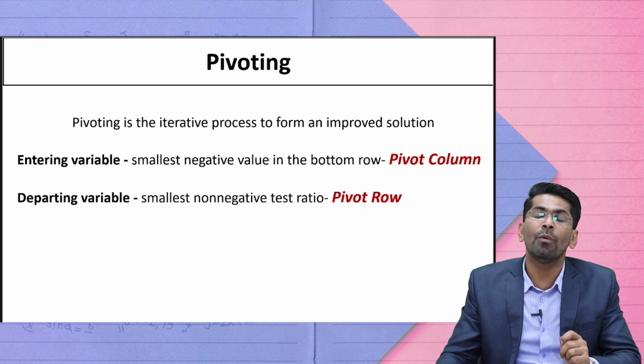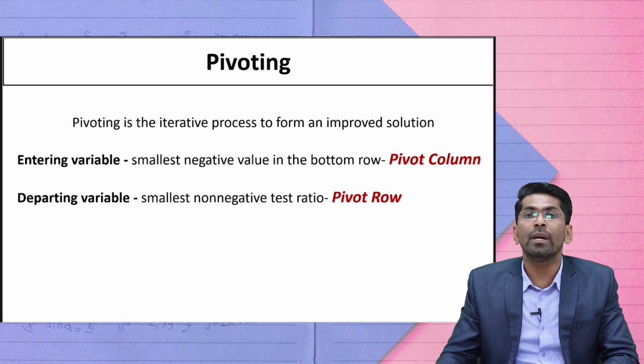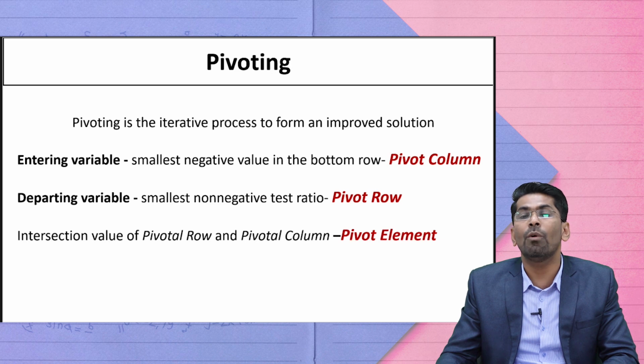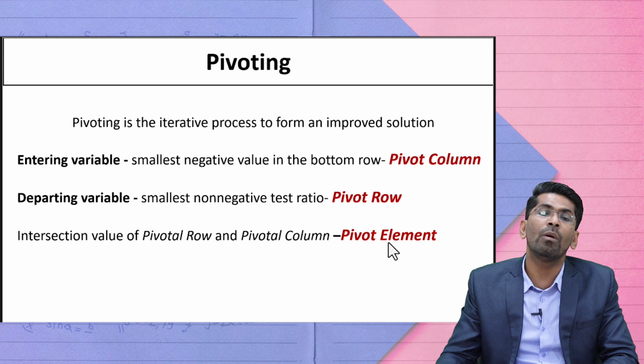The departing variable corresponds to the smallest non-negative ratio, and that row is generally known as the pivot row. After identifying the pivot column and pivot row, the intersection of the row with the smallest non-negative ratio and the column with the smallest negative value in the bottom row will become the pivot variable, or it is popularly known as the pivot element.